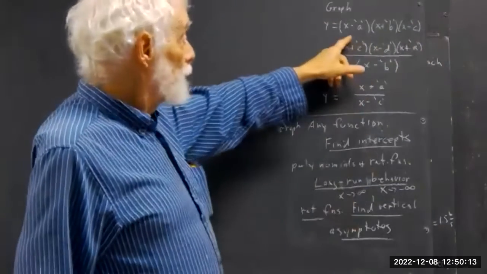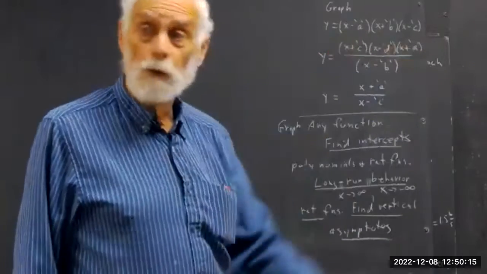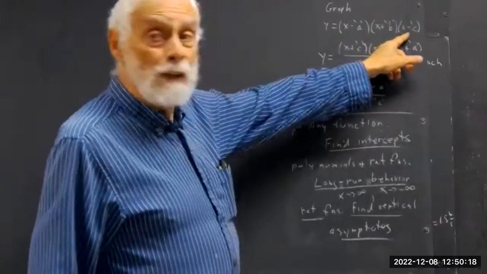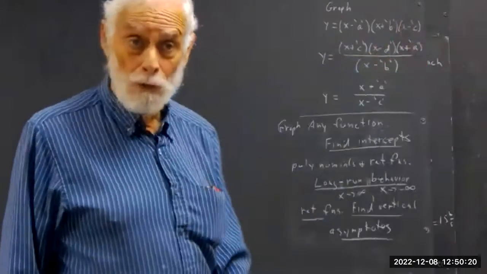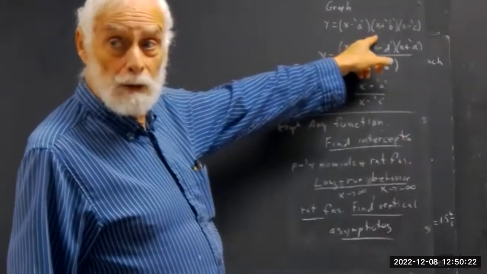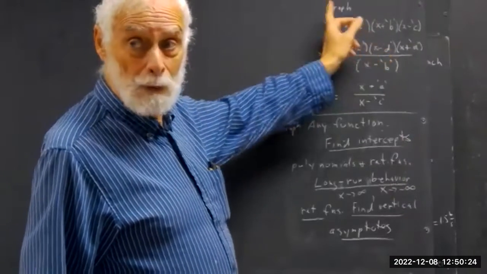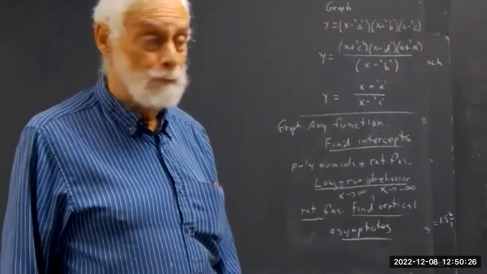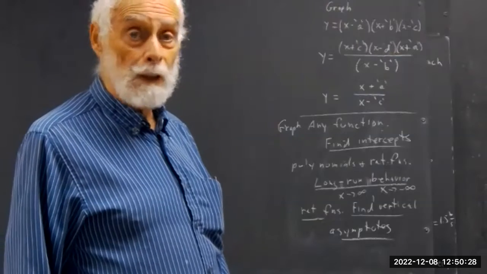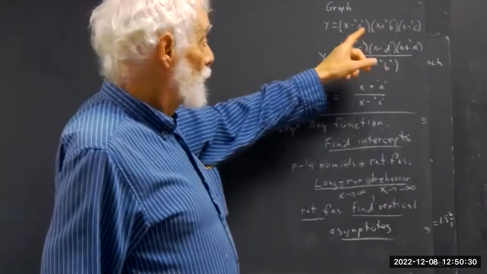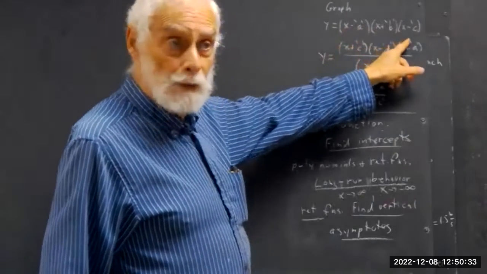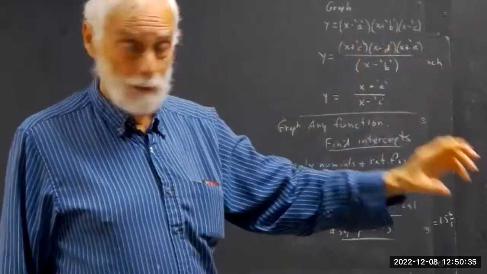If x equals a, this is going to be 0. It's going to make the whole thing 0. If x equals c, this is going to be 0. It's going to make the whole thing 0. If x is the negative of your b number, this thing's going to be 0, making the whole thing 0. And if x is any other number, not one of those three numbers, then none of these are going to be 0, and you're not going to get 0.